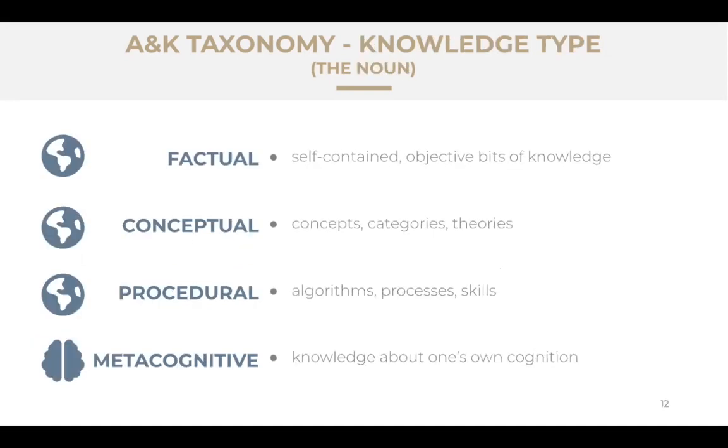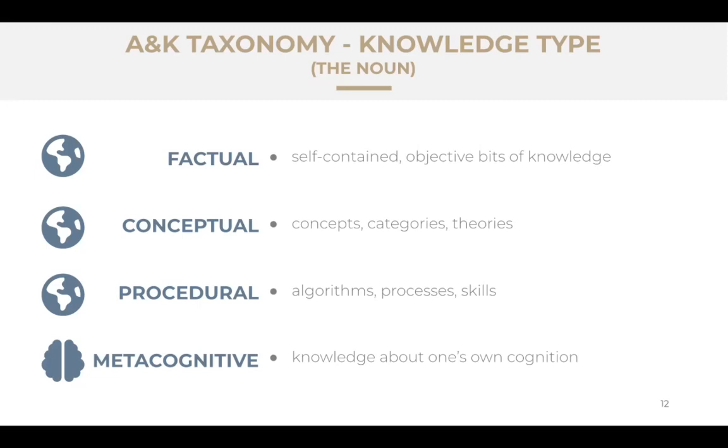The knowledge type involves 3 knowledge types that are sort of external and one that's internal. The 3 that are external are factual knowledge, so that is isolated bits of information, mostly objective. Conceptual, which is concepts, categories, and theories. Procedural, which is how-to knowledge, which involves things like algorithms, processes and skills.